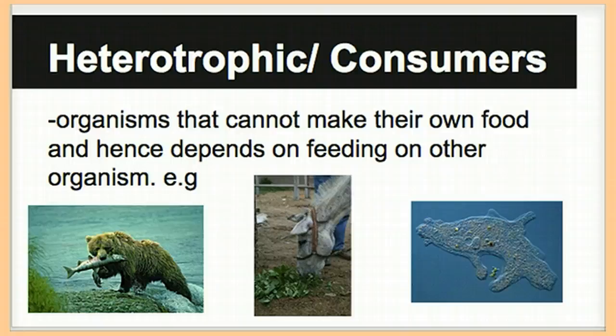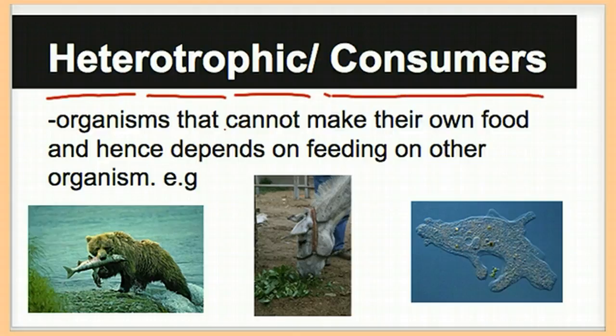Another category that we could use is heterotrophic. Heterotrophs are consumers. They cannot make their own food, so they need to feed on another organism. As you can see, this bear is feeding off of a fish, or a donkey feeding off of leaves, or even this amoeba, which is a unicellular or single cell organism.